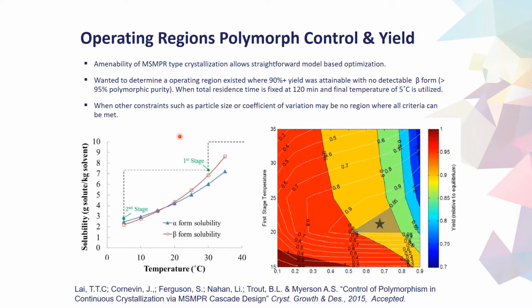Because MSMPR systems control the polymorphic content within the crystallizer at steady state through kinetic competition between the two forms or three forms present or are possible for a polymorphic system, there is no extra considerations really for enantiotropic systems compared to monotropic systems, as it's really the kinetics of the system that controls the output rather than the thermodynamics, as would be the case in batch crystallization.